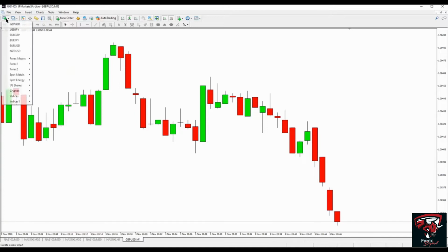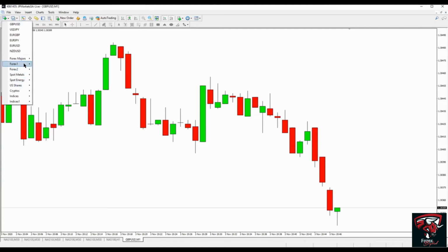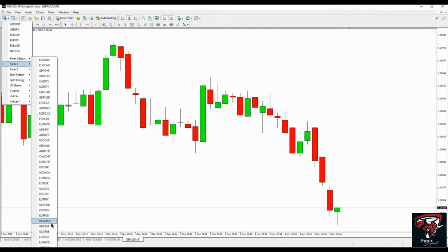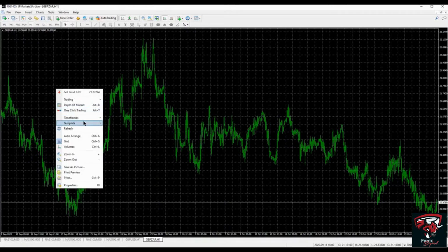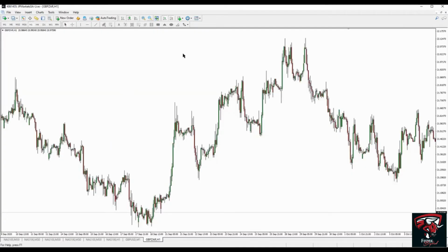So for instance, I'm going to look for USD, or let me just open GBP because I can't find it. This is the British pound to the rand, right?